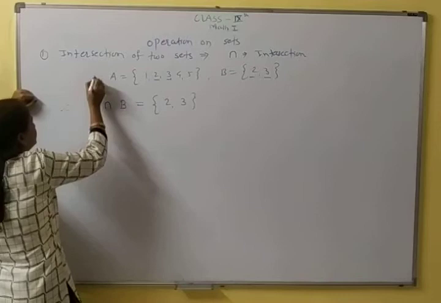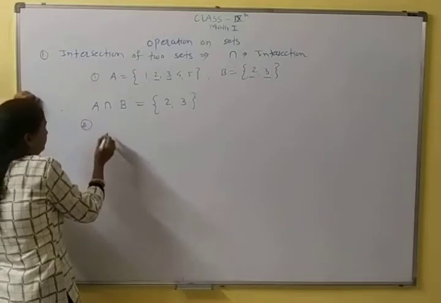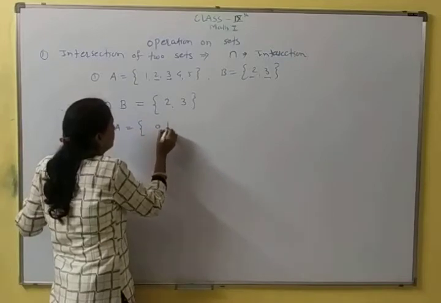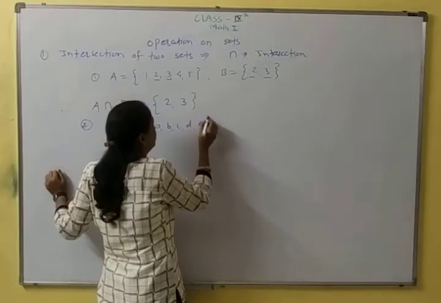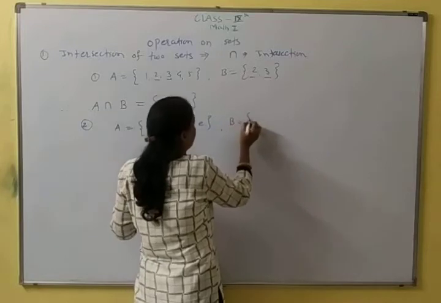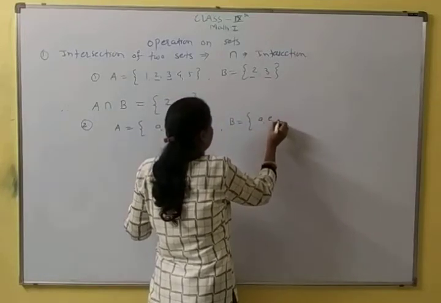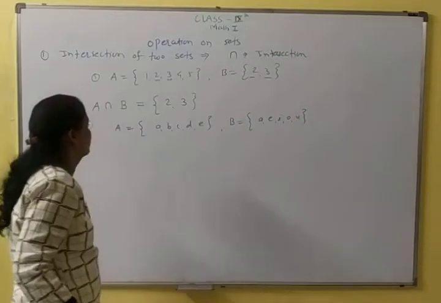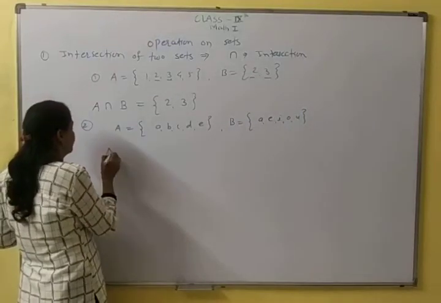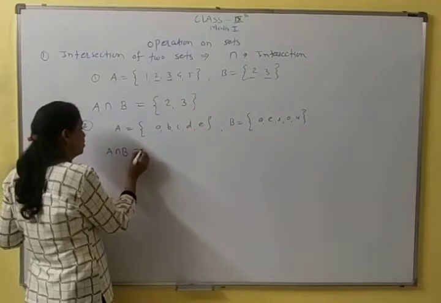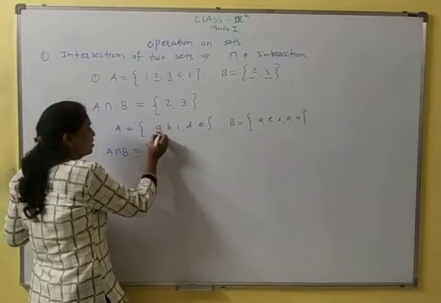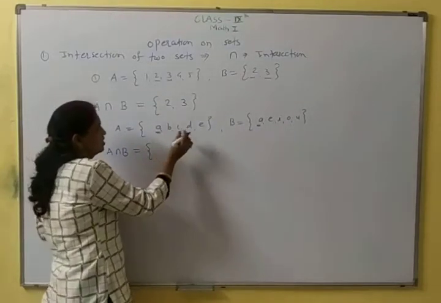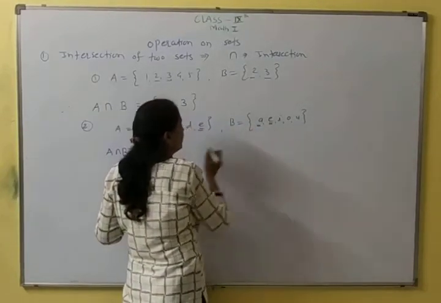Second example. A equal to A, B, C, D, E and B equal to A, E, I, O, U. Then A intersection B: here A and A are common, then E and E are again common.